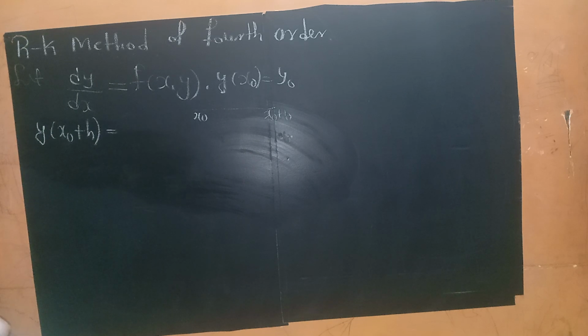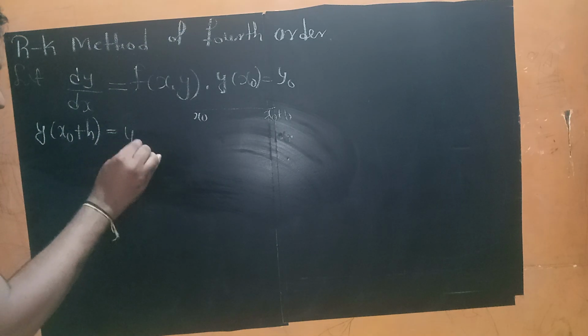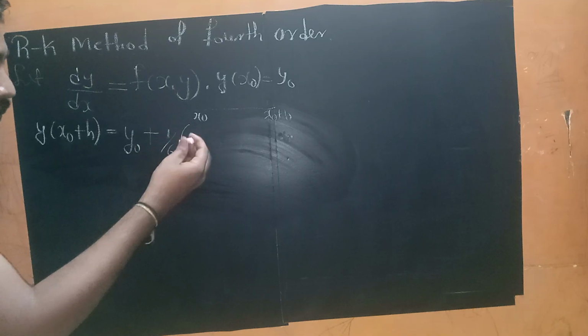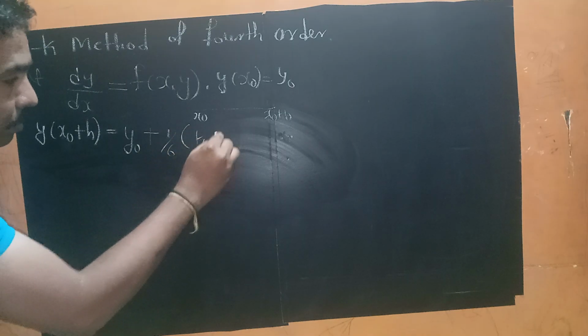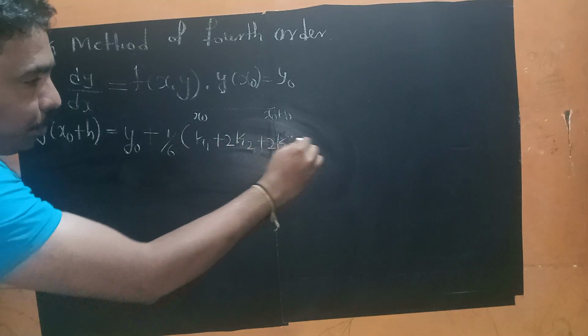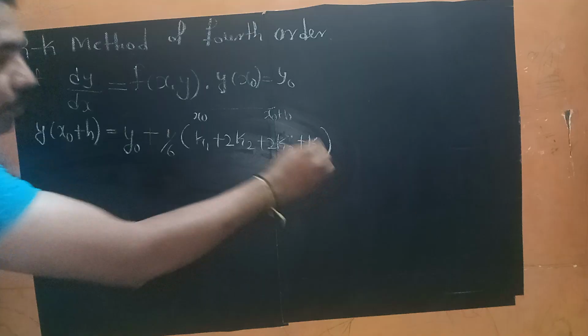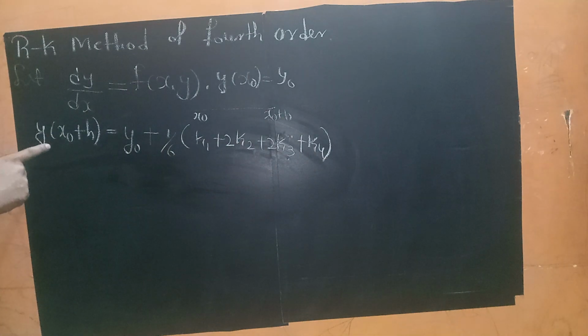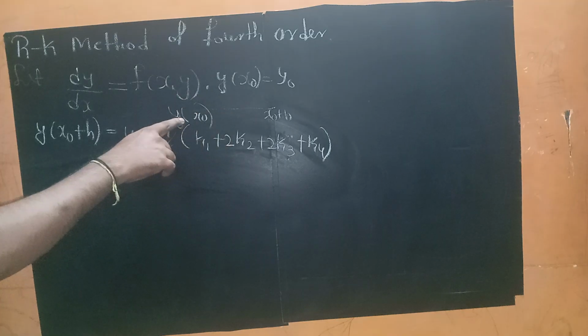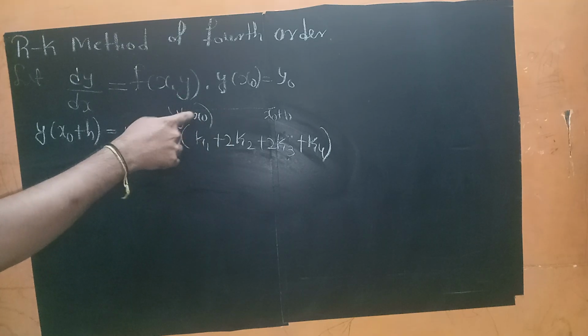So what the RK method of fourth order says is: y naught plus 1 by 6 into k1 plus 2k2 plus 2k3 plus k4. You see x naught is here, we have the function y of x naught, and this is our initial condition.